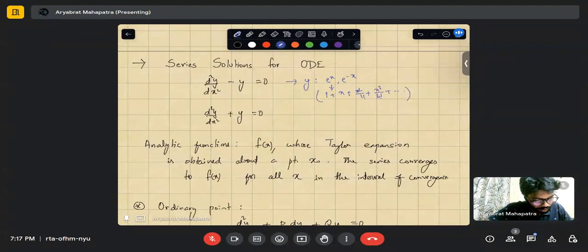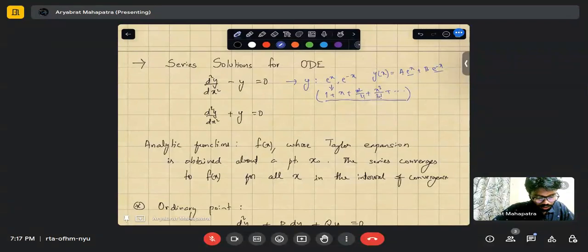So these were the expressions for your solution. You may remember for this differential equation, the actual solution came out to be of this form. You will see that exponential of x and exponential of negative x, I can write in this series expansion, or basically the Taylor expansion.